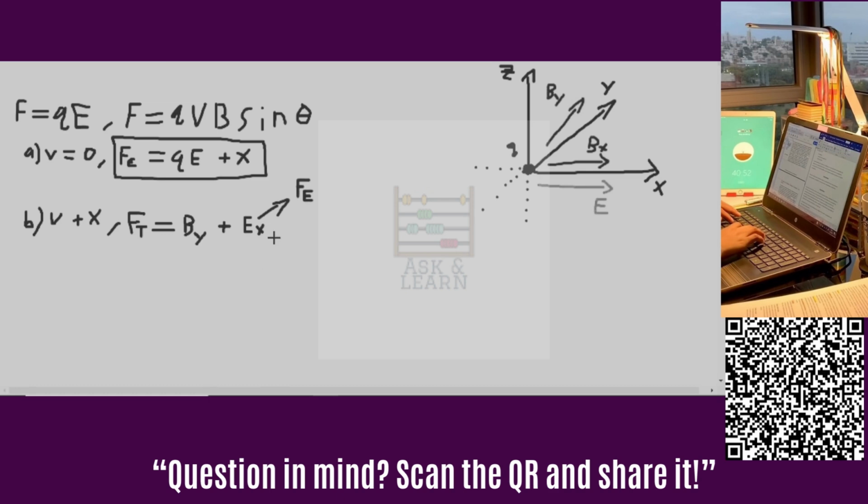So we know that one already. Now we need to find this By. What does By mean? By is the force from the magnetic field in the y direction. So this is Fy. And that's what we need to find using this equation.